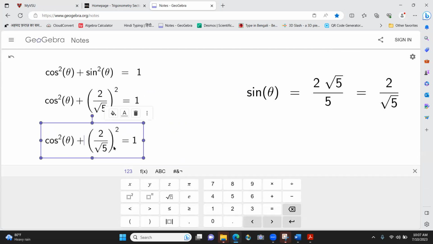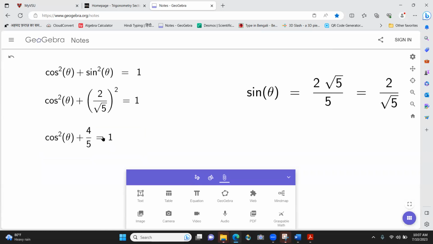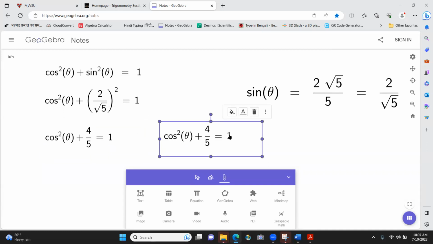Now, 2 squared is 4. And square root of 5 squared is 5. All right. Now, so far so good. I'm going to subtract 4/5 from both sides.